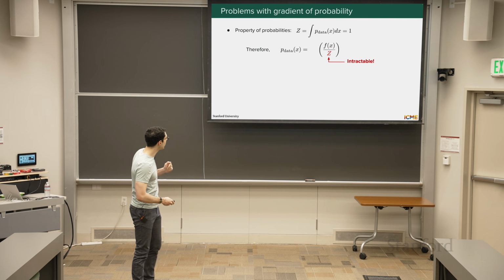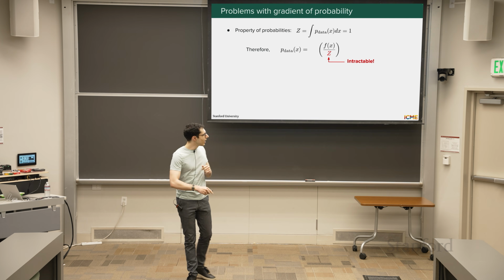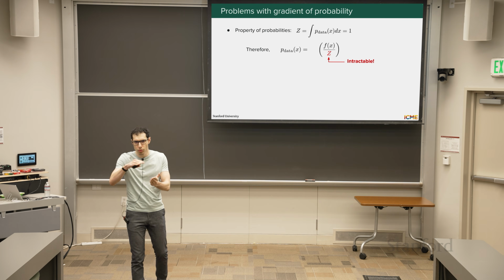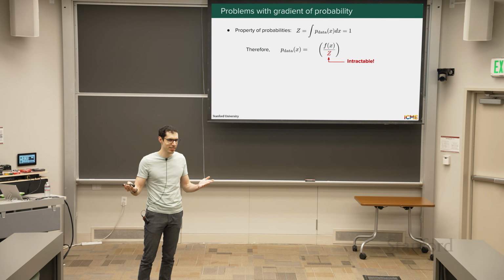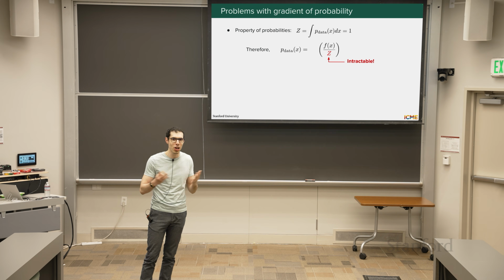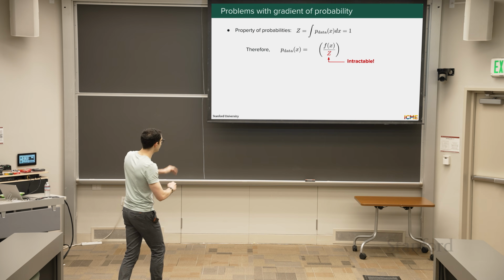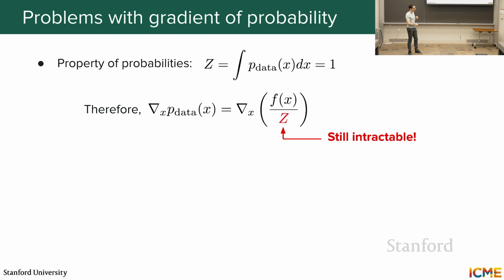So you have this constant that maybe we can note here, z, that is very hard, intractable for you to compute, because you would need to sum across all possible values of your space, and space is multidimensional, and it's a lot of computation, not something that you can actually do. So this quantity is intractable. So if P of x is intractable, then if you take the gradient, it's also intractable. So that's the first reason.